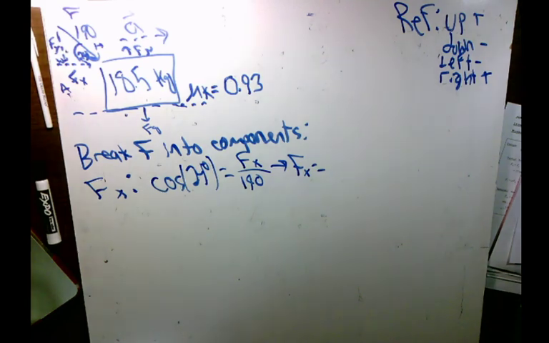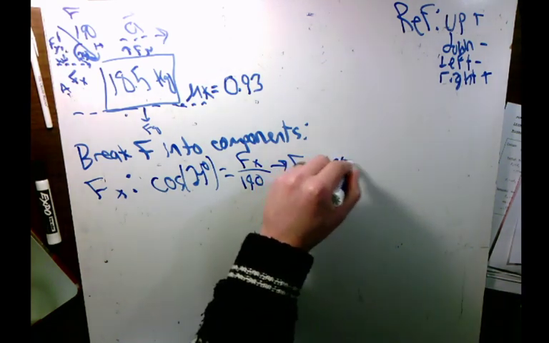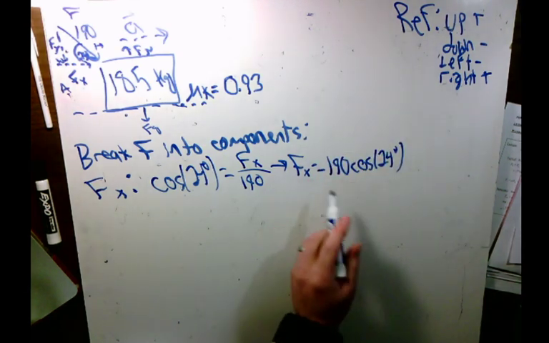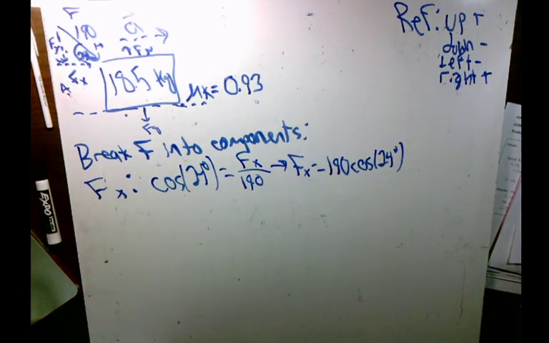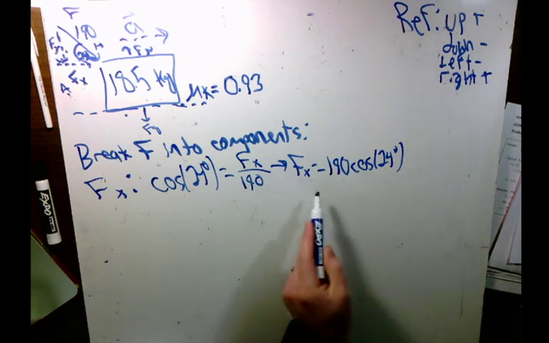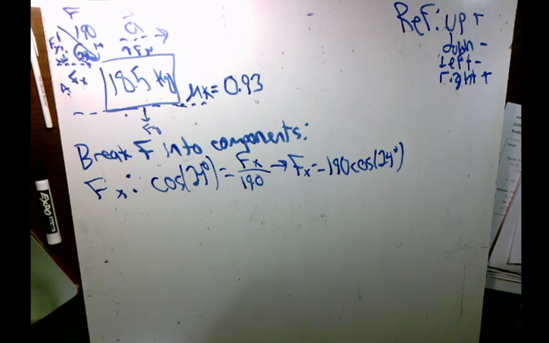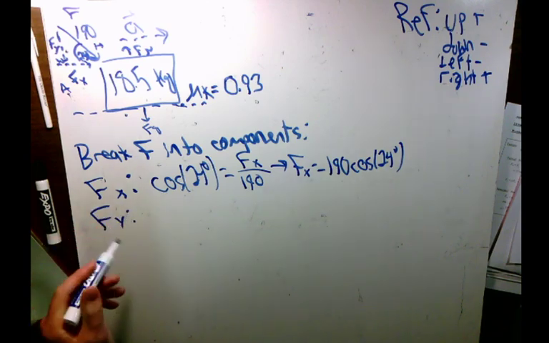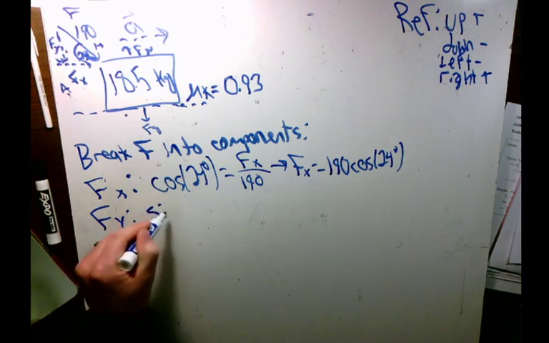Fx is equal to 190 cosine of 24 degrees. I'll leave that in my calculator so that I don't have to worry about storing numbers. Just another way to do it. If you were to actually solve that right at this step and store it in your calculator, that's just as good. I'll just give you a new, different way to do it.